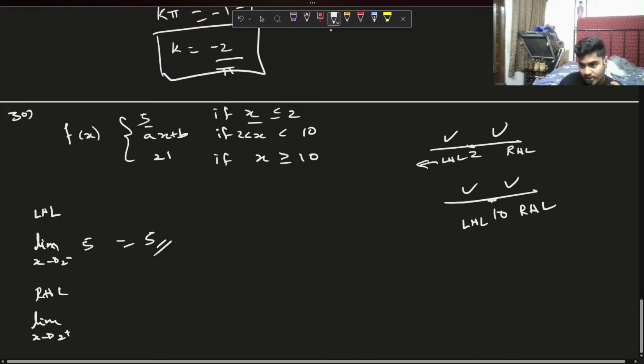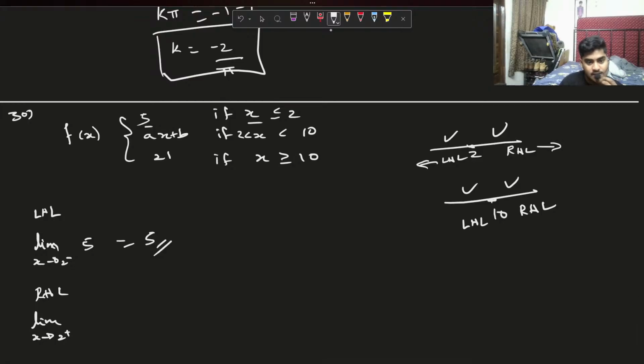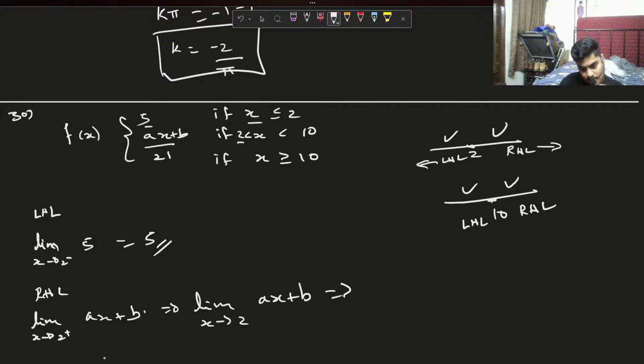So when it is 2 plus, it's this side, so it is x greater than 2 now. So ax plus b, limit x tends to 2, so therefore ax plus b, which is 2a plus b. Okay.